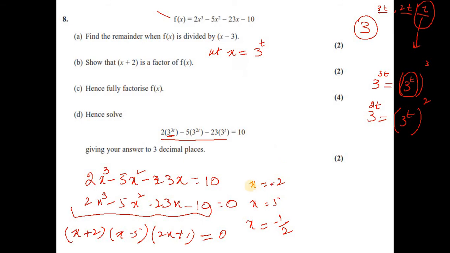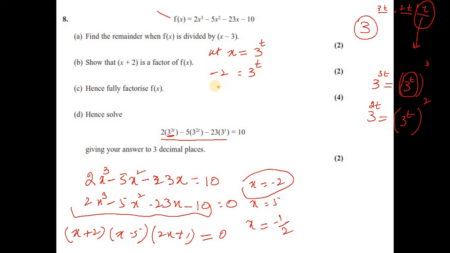And how? First I choose x equal to minus 2. So if I choose x equal to minus 2, I will have minus 2 is equal to 3 to the power t. And this is an exponential equation. If we need to find t, we need to take log.